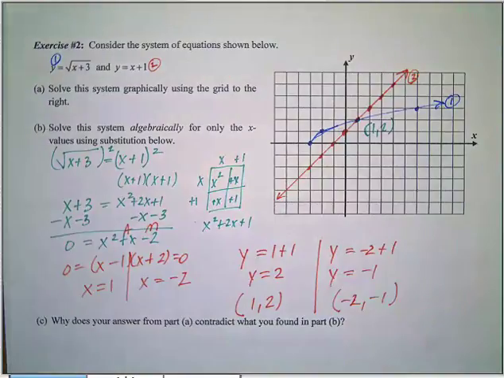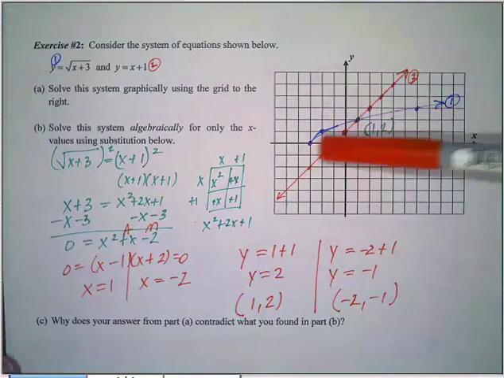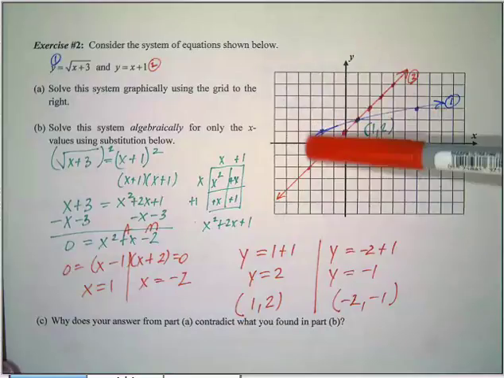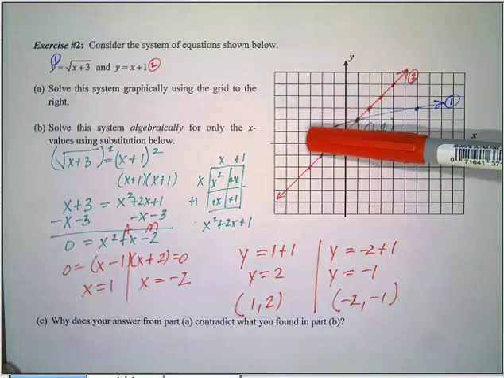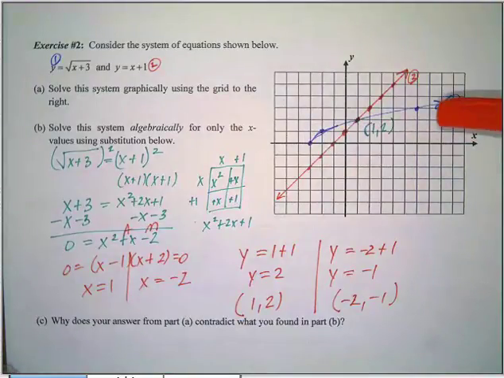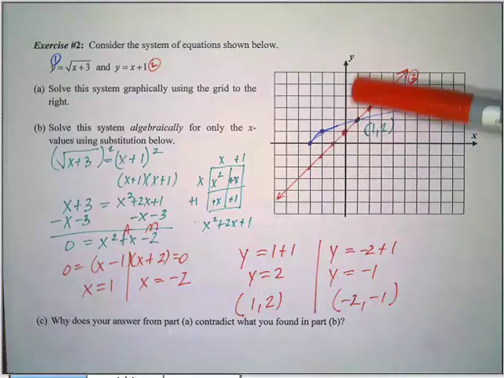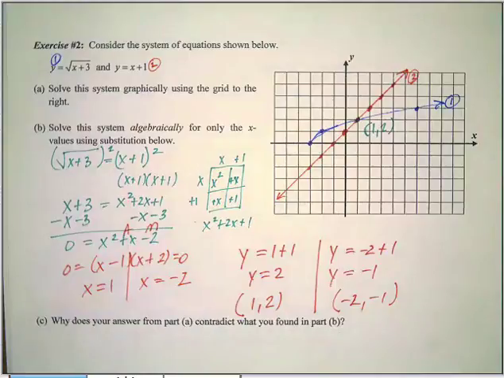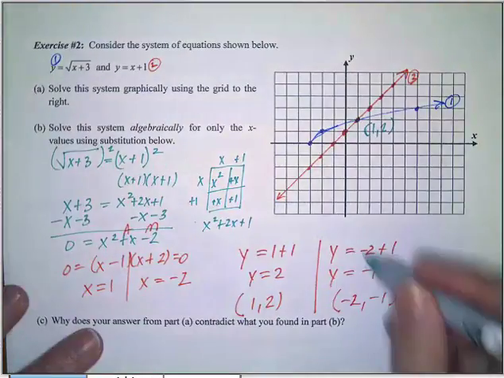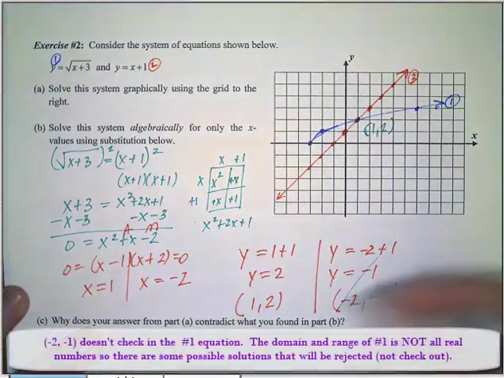And if you look at our graph, our domain is all greater than -3, which was okay, but our range has to be greater than 0, and it is not. So this would be a reject because it wouldn't check in both of them.